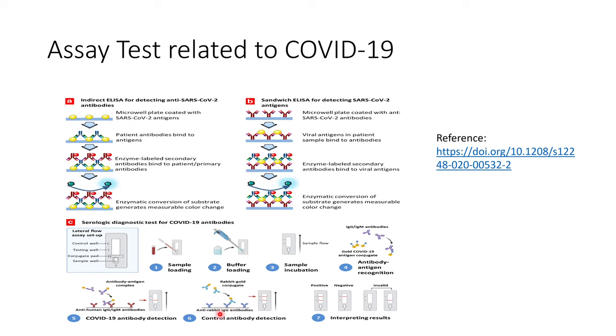In this way, this control will always light up, or the color change in the control valve will always show, regardless of the presence of the COVID-19 antigen conjugate. Whereas the testing line will only light up when there is a COVID-19 antigen conjugate present.